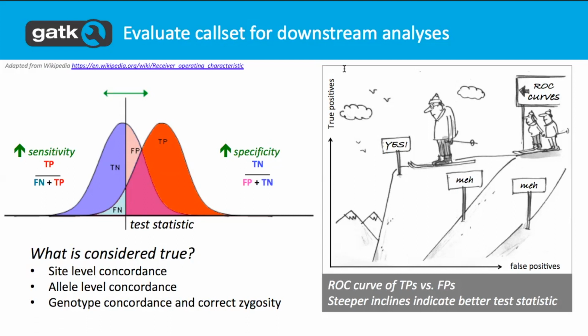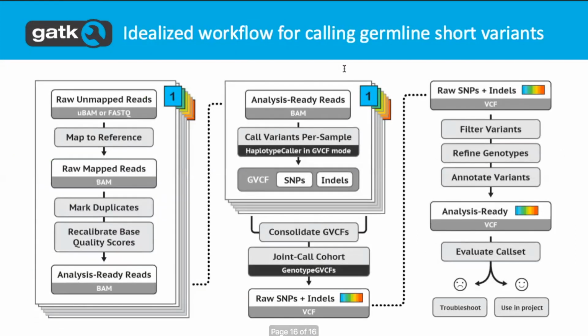And that's an overview of what is comprised in the germline variant discovery best practices pipeline. And that's it. If you have any questions, or if it was too much information, we will go through all this again tomorrow.